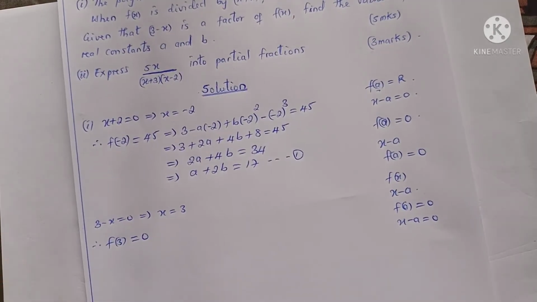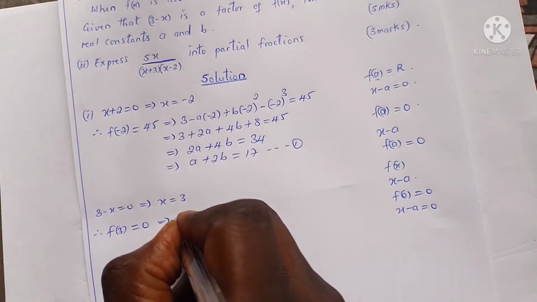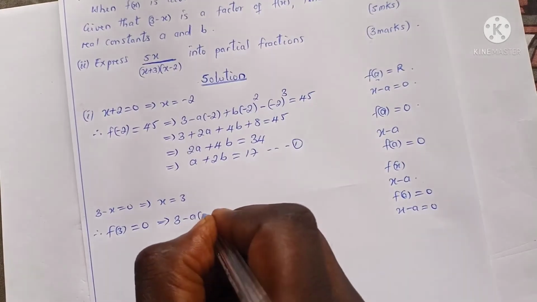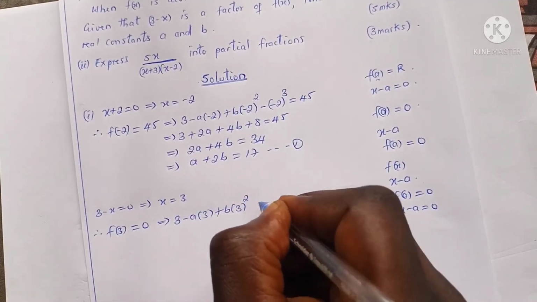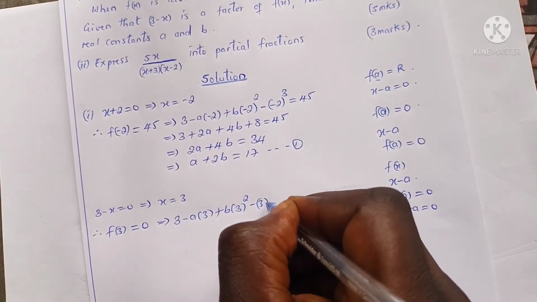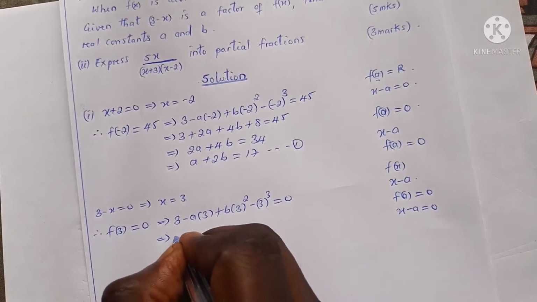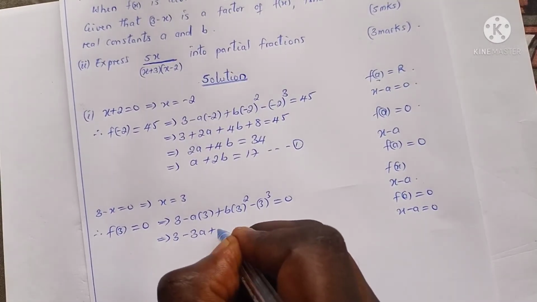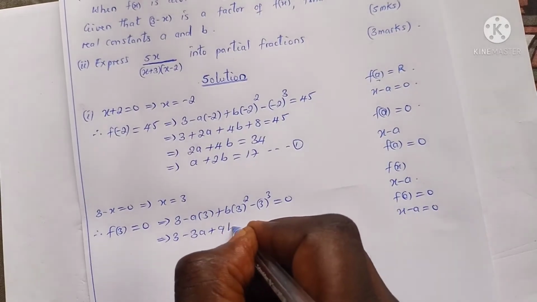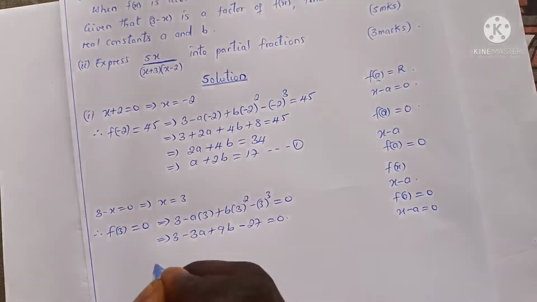So this implies that 3 minus a times 3 plus b times 3 all squared minus 3 all cubed must be equal to 0. If you simplify this, we're going to obtain 3 minus 3a plus, we know 3 squared is 9, so we have plus 9b, minus 3 cubed is 27, which is equal to 0.